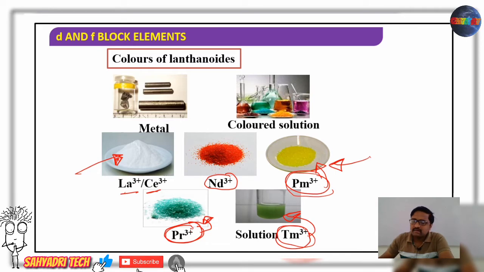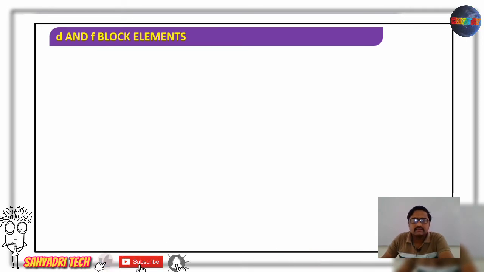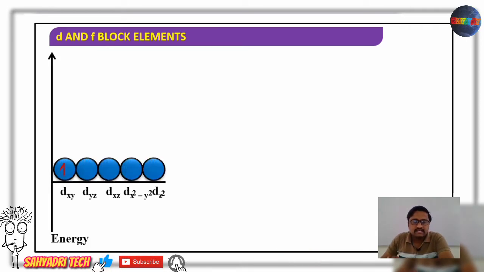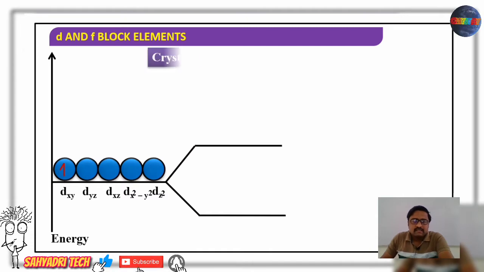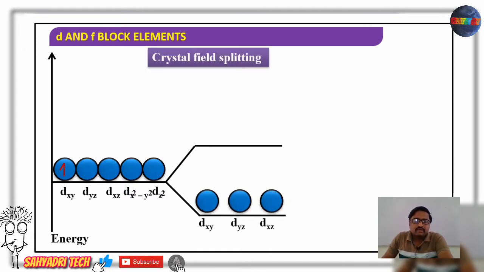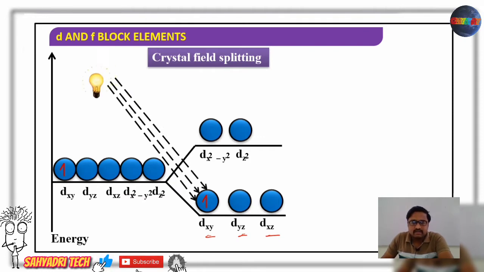Then what is the cause or reason behind this color of lanthanides? If I consider the d block, as we said, the 5 orbitals split into 2 energy levels. One is t2g, containing dxy, dyz, dxz, and the other is a set of 2 orbitals, dx square minus y square and dz square. Whenever radiation, or energy, approaches the electron, it goes to a higher energy level.